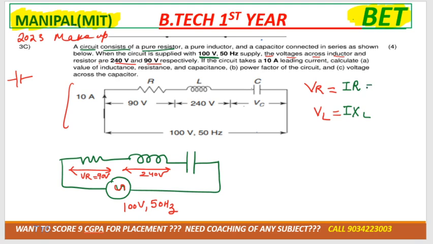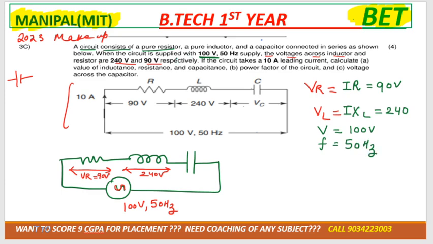Now VR they have given is how much? 90 volt. And VL they have given is how much? 240 volt. And the total voltage how much they have given? 100 volt, right? And frequency they have given as how much? 50 hertz.